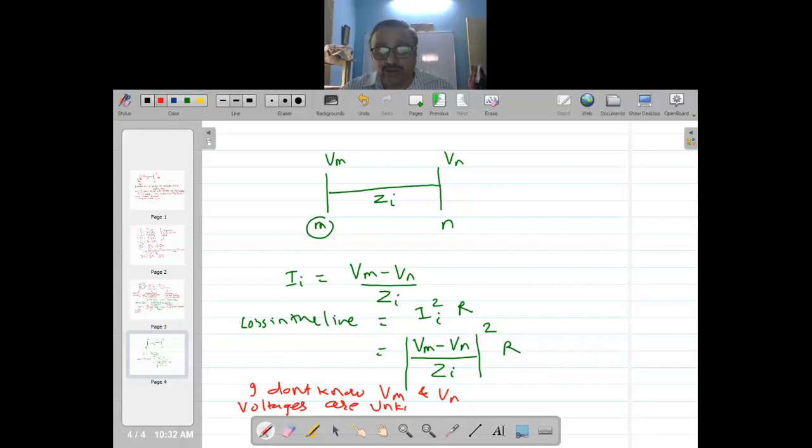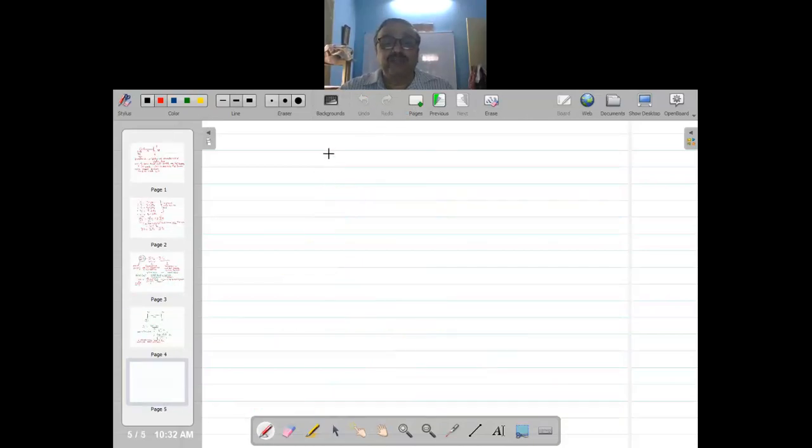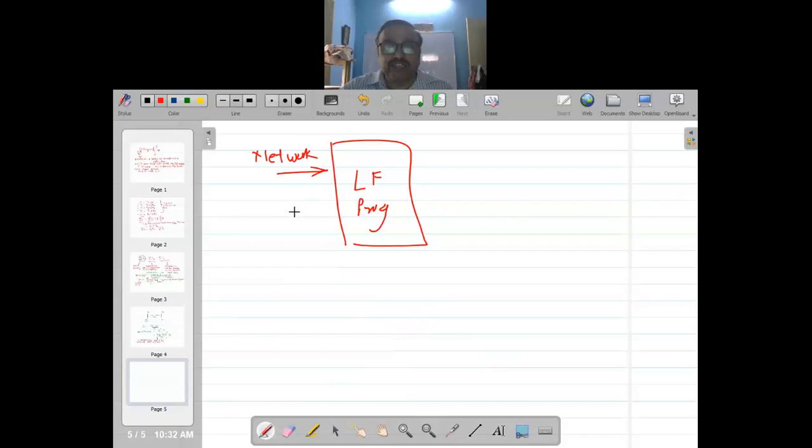In the load flow, what is the input to the load flow program? Input is the network, how everything is connected, the admittances, and the generation and loads.